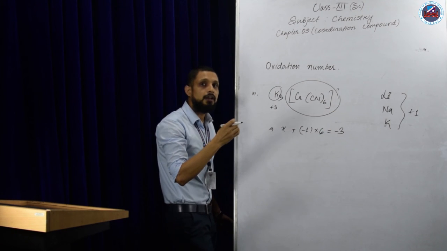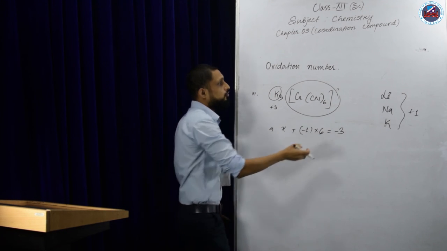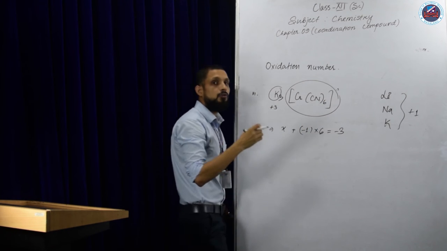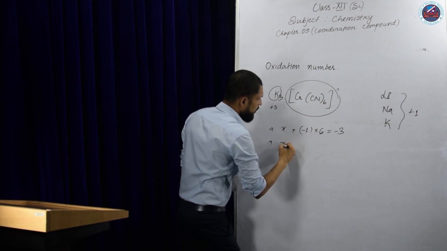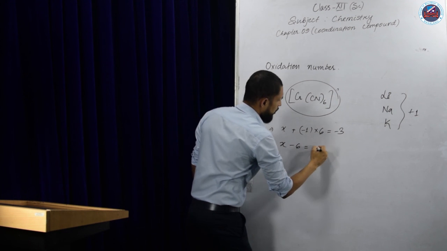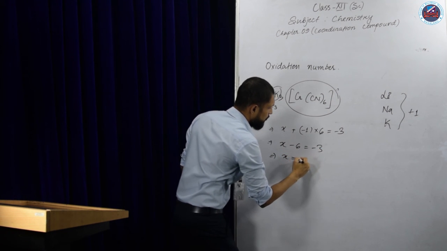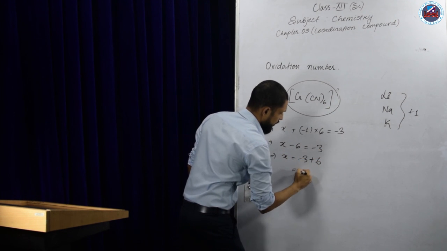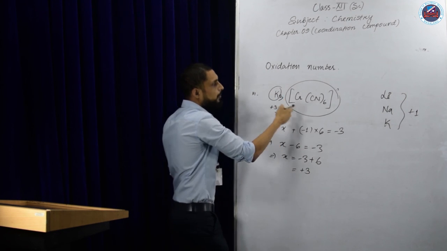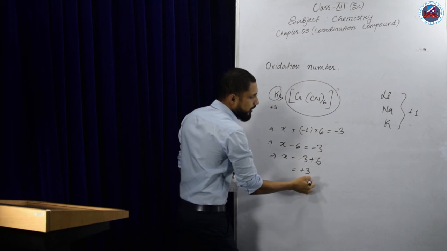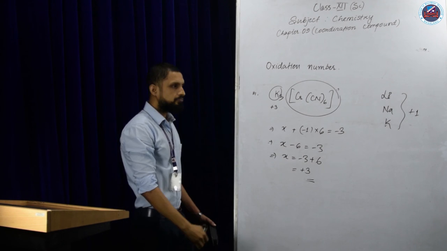If the counter ion carries -3, the charge carried by the complex entity will be +3. If we solve this equation, X minus 6 equal to -3, which implies X equals -3 plus 6, that is +3. So the oxidation number of chromium in this complex is +3.